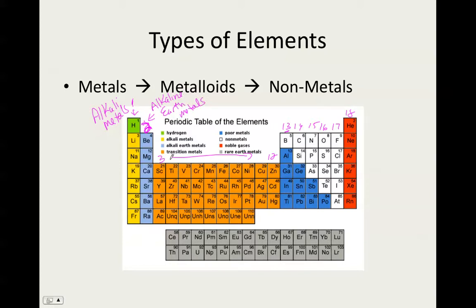We're not really going to get too much into what we call the transition metals down here. But then we get to the boron group, and you'll see that the boron group has a metalloid in it, because if you remember, we have our staircase here.